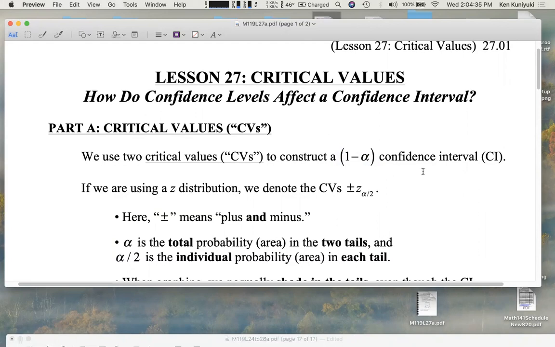Now remember, what makes a confidence interval a confidence interval? Well, an interval estimate is a range of values, like your TA saying, I think that the mean test score in the lecture class is somewhere between 70 points and 78 points.